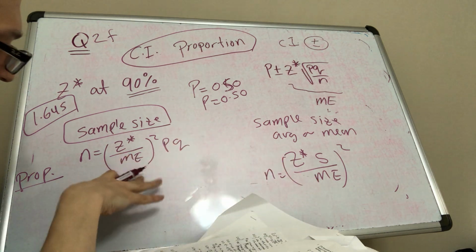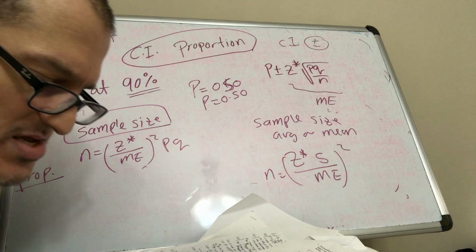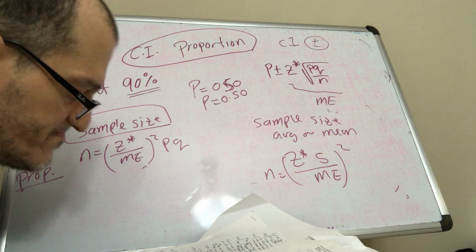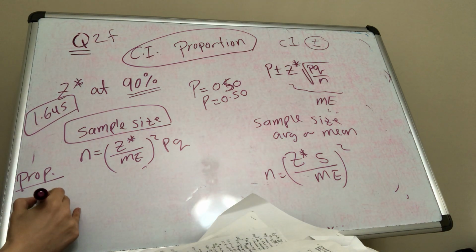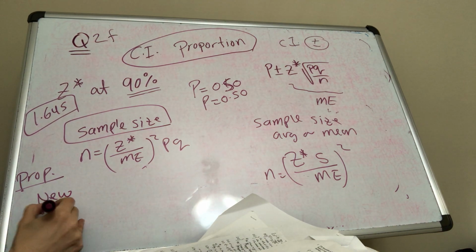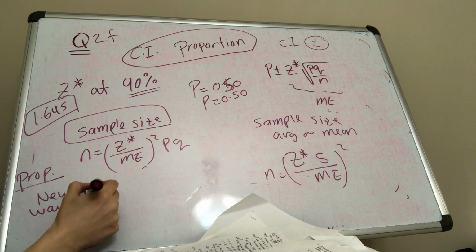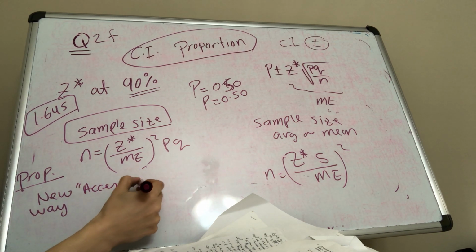Don't worry about this one, we have this one. Now for this one, there are two ways of doing it. There is the new way, where you have access to previous information.